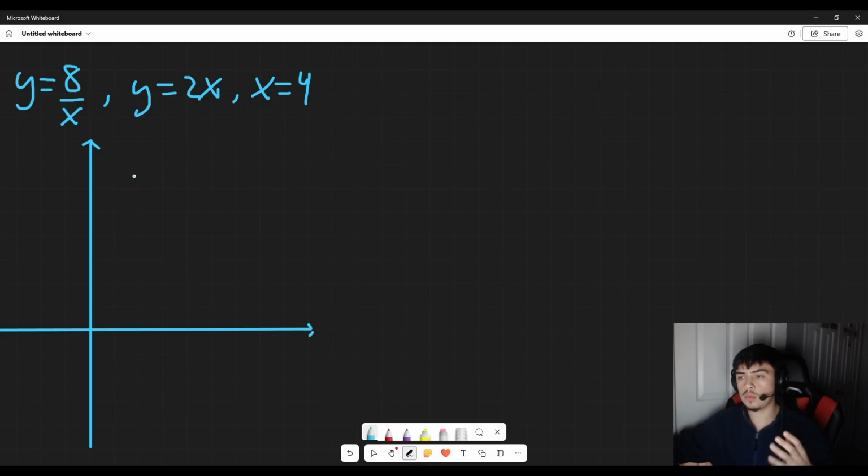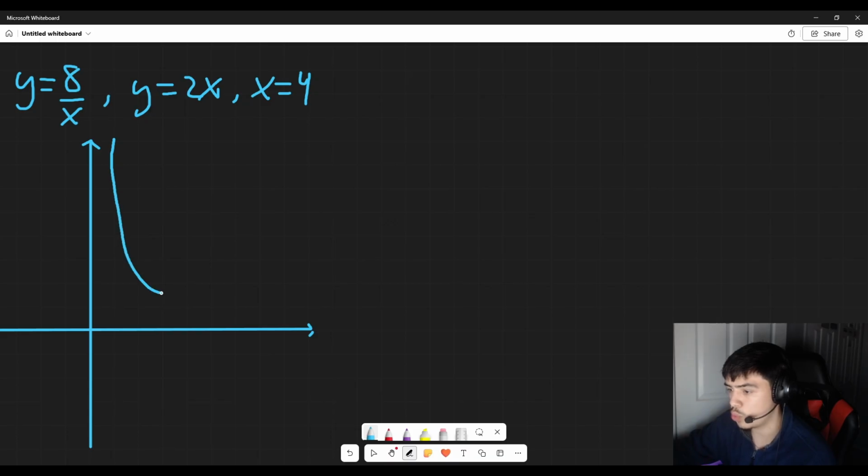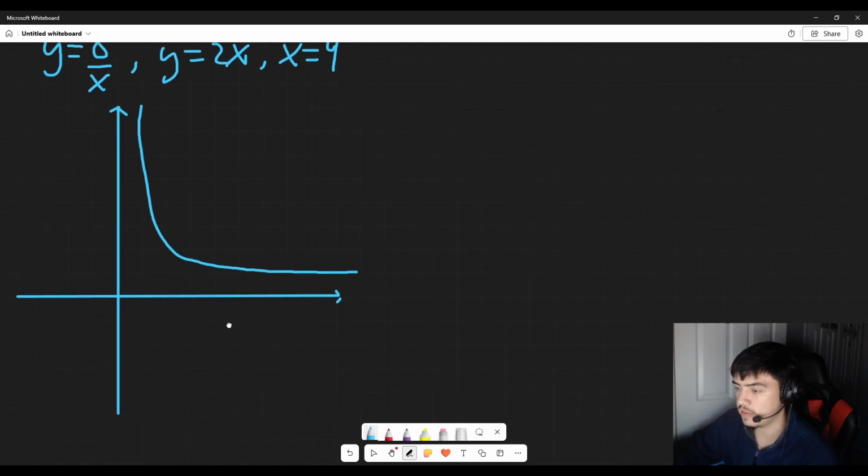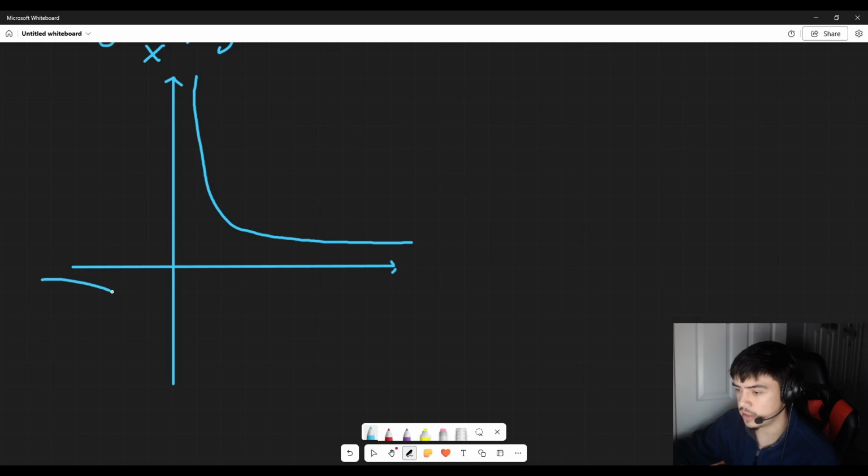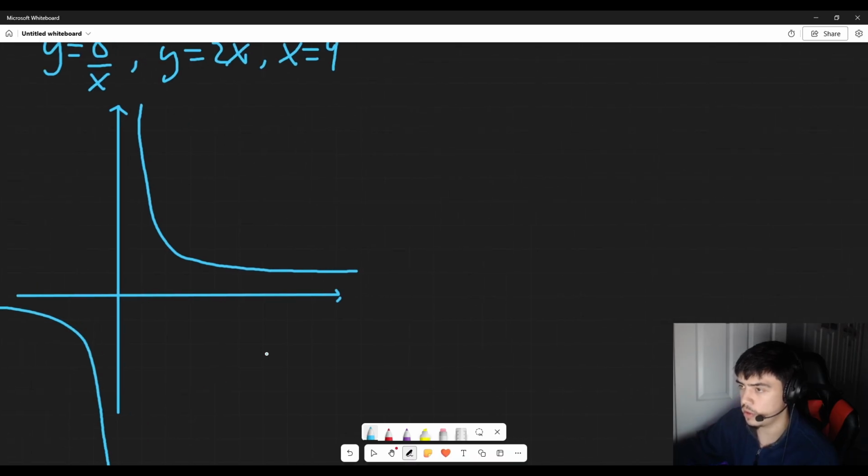So the line y equals 8 over x, we know that the function 1 over x has an asymptote at x equals 0, so we can just go ahead and draw a rough graph like this. It also has it down here. There we go. We'll call this y equals 8 over x.